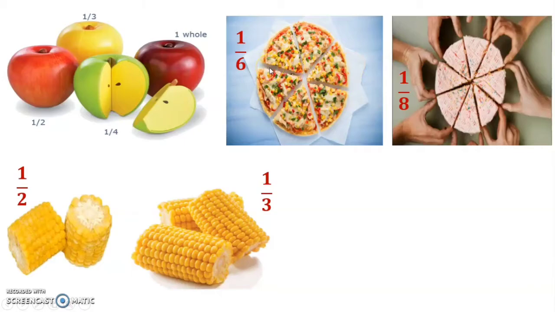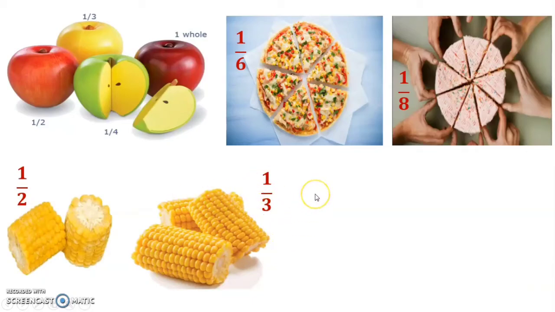So what you'll observe is that we have a whole piece, but it is cut into different parts. Like we have pizza cut into 6 parts, a cake cut into 8 parts. Similarly, one corn is cut into 2 equal parts, while this one corn is cut into 3 equal parts.